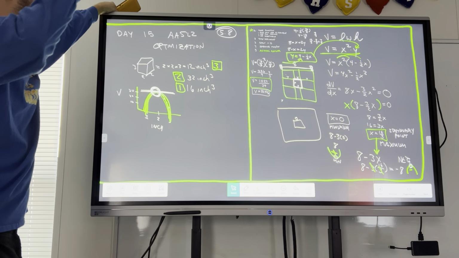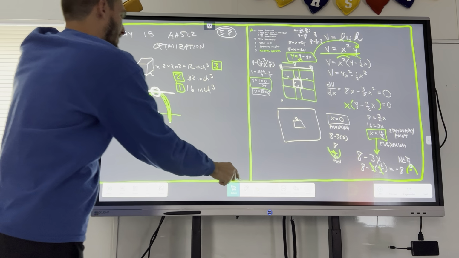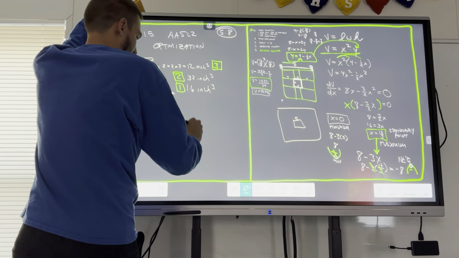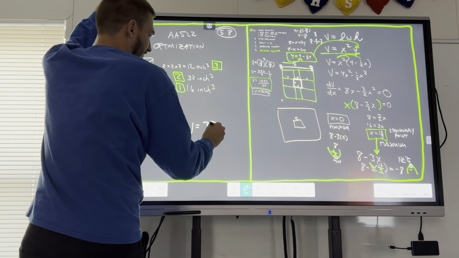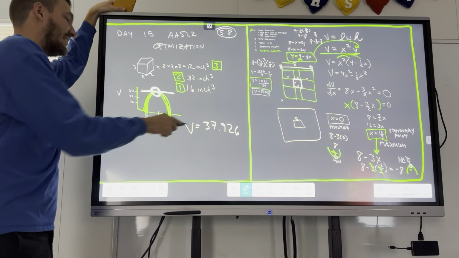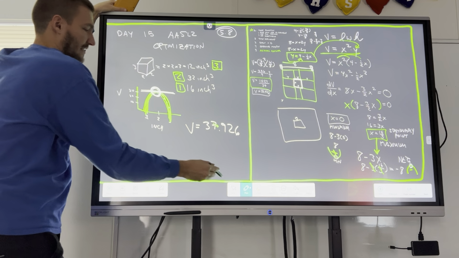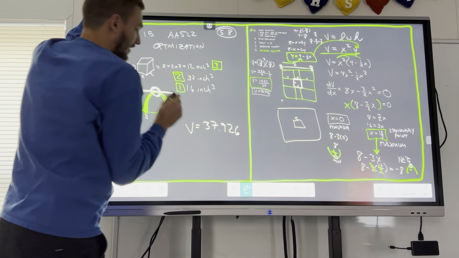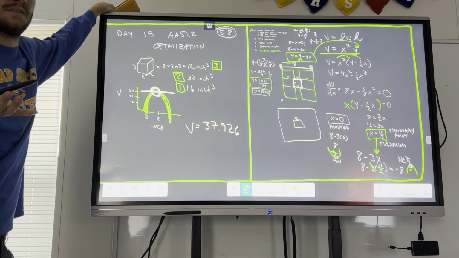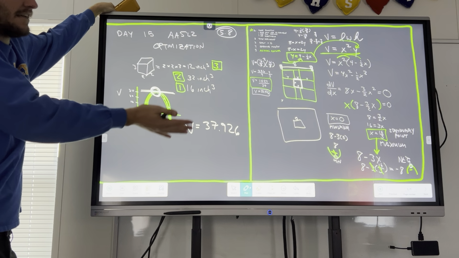But anyways, the volume that we found as our peak absolute guaranteed highest volume is 37.926, which honestly, even as good as Sailor's was, we're getting 5 extra cubic inches for free, right? Because we're not having to spend anything else on materials.